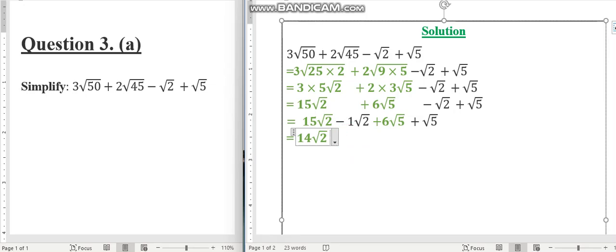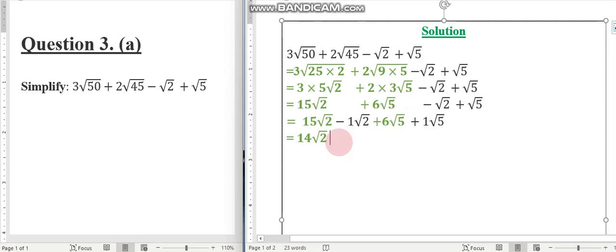And then the other part, which is positive 6 root 5 plus root 5. Again, there is a 1 here, but it's not written, so you can decide to bring it. We are adding this and this, so we just add the 6 and the 1, which makes 7. Then you just maintain one of the roots.